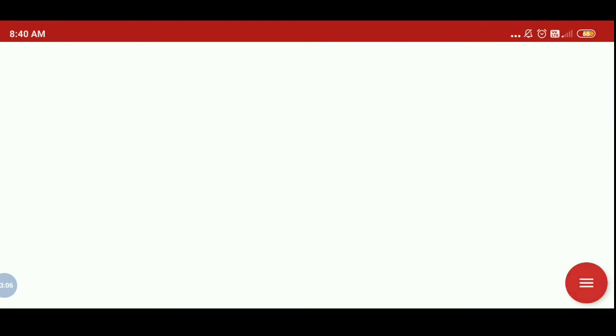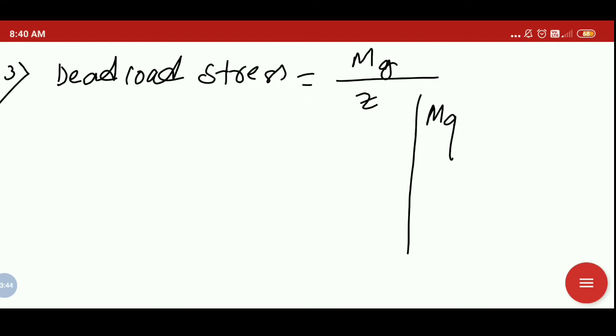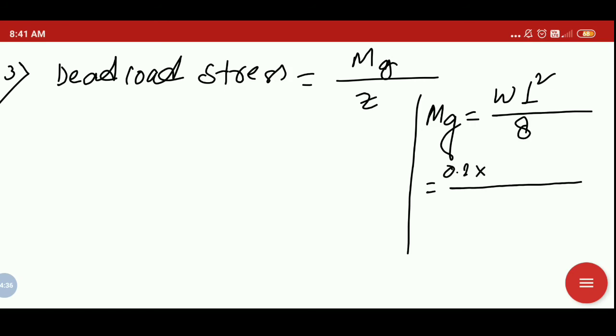Now let's solve for the third one, that is self weight stress, means dead load stress, M_g by Z. M_g will be w L square by 8, so here w will be the dead load of the beam, means 0.2 into 0.3 into 24, into L square, 6 square, divided by 8.